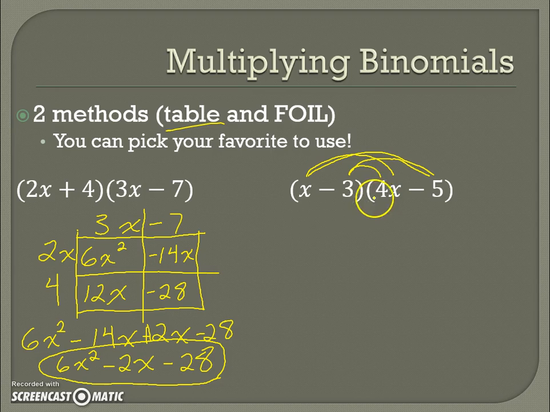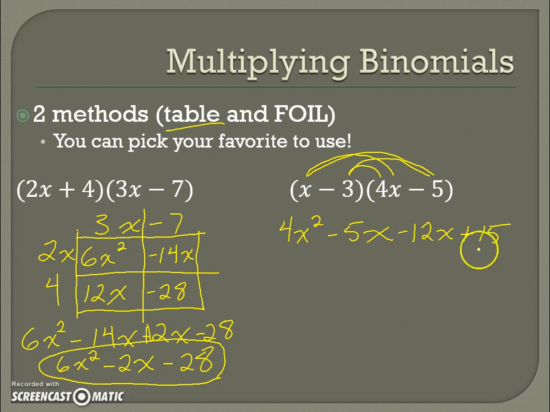So I do first, which is going to be x times 4x, so that's 4x squared. Outside is x times negative 5x, so that's negative 5x. Inside is negative 3 times 4x, which is negative 12x. And then last is negative 3 times negative 5, which is positive 15.